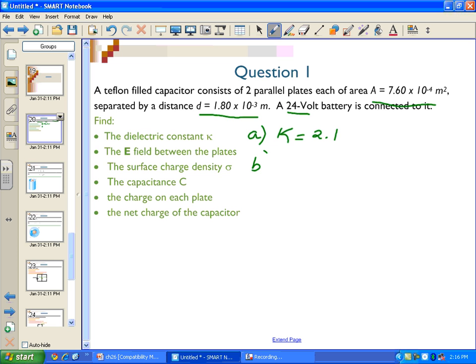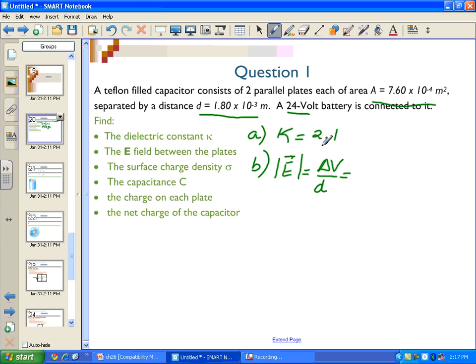Anyhow, next one. Determine the electric field magnitude between the plates, because of course we know that the direction of the electric field is from the positive to the negative. So the magnitude of the electric field, if you recall in Chapter 25, is given by the potential difference between the plates divided by their distance of separation.